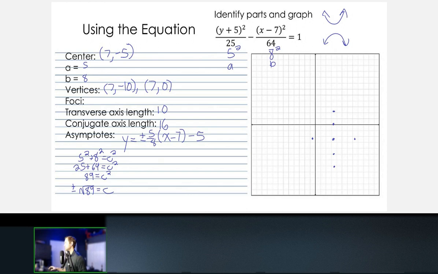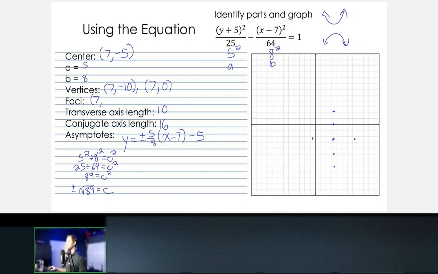Now let's go ahead and put the actual focus coordinates. The x values are not going to change. That's just going to be 7 comma whatever. Now, remember, in this class, I don't want to see any rounded answers. I don't want to see any decimals. I don't want to see any mixed fractions or any fractions that are not simplified. So we have to use the exact number, radical 89.